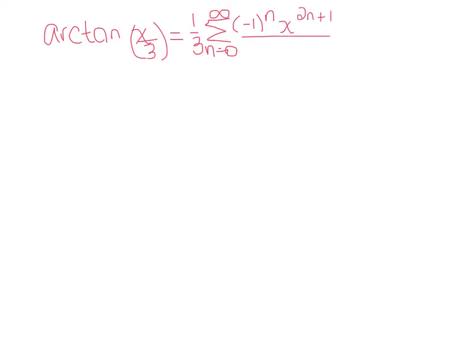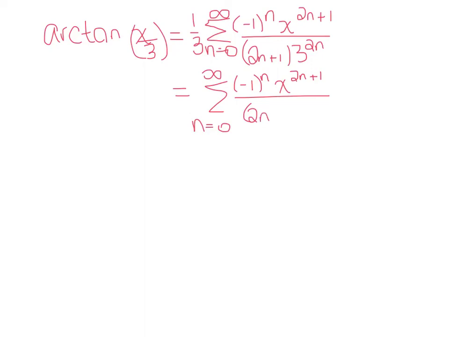We're going to divide by 2n plus 1, and then we're going to have a 3 to the 2n. And remember, the constant goes away because we decided it was 0. So we can do one more thing here to make it a series without having a constant in front. X to the 2n plus 1 over 2n plus 1, and this is 3 to the 2n plus 1.